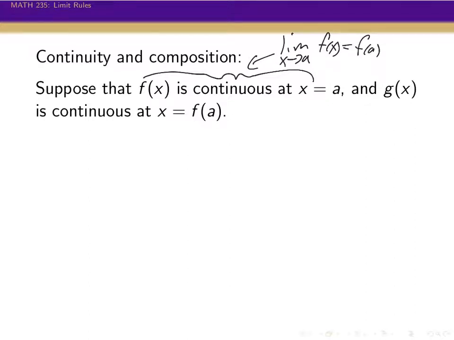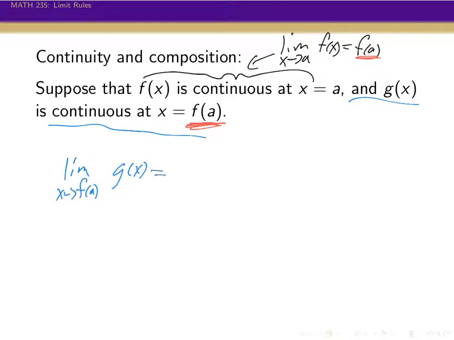And then let's suppose that g of x is continuous at x equals f of a. So the important thing to note here is that the x value for g of x is coming from the y value of f of x. And so this statement here, g of x is continuous at x equals f of a, that means that we take the limit of g of x as x goes to f of a.